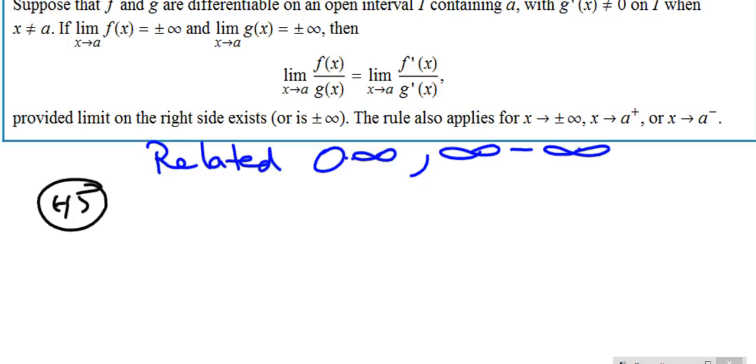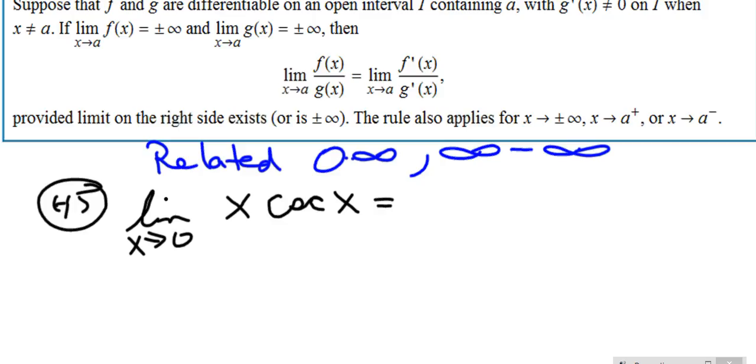45. Example number 45 says the limit as x approaches 0 of x cosecant x. And right now, because it's a multiplication, it's kind of like, how do I deal with this? I'm going to recast this, as the book puts it, into the form of f of x over g of x.